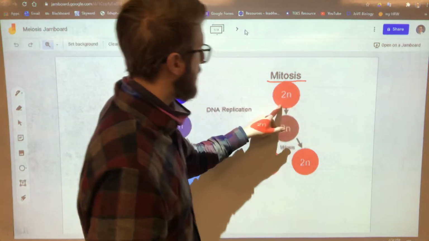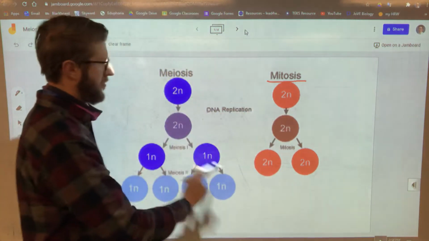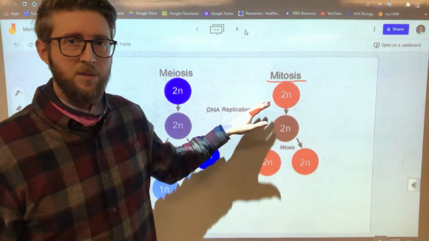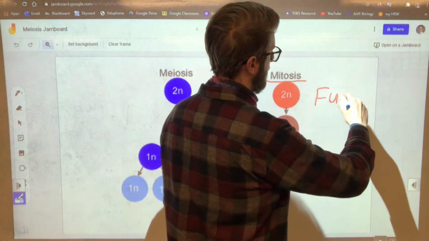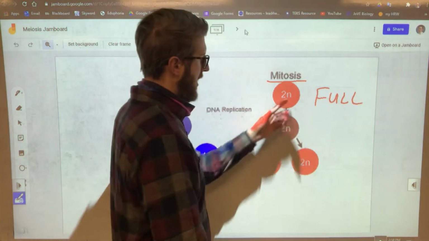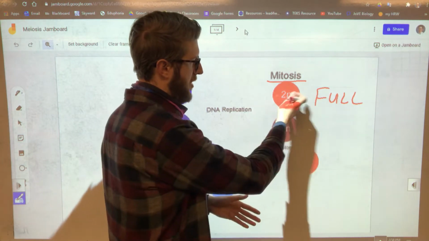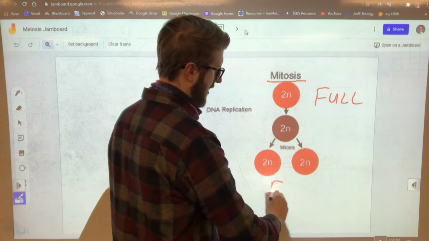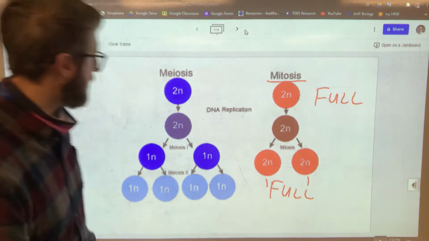You may be wondering what this 2N means and this 1N down here means, and we're going to get to that in just a second, okay? So don't let that confuse you, but just know that 2N means a full set of chromosomes, and it makes a copy of itself so that you start with one full set, and you end up with 2 cells that each have full sets as well, okay?